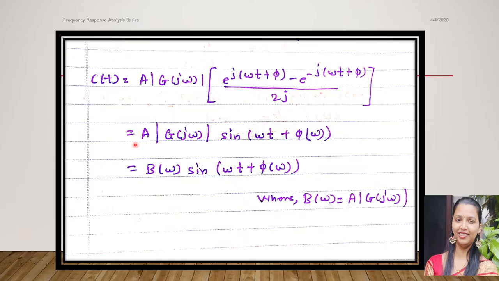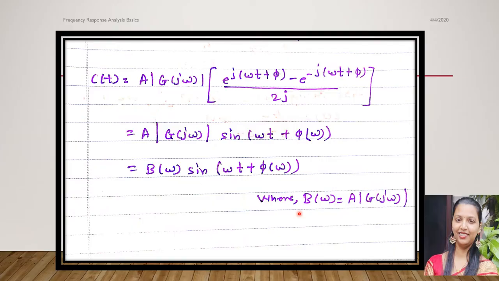equal to A magnitude G(j omega) into sin(omega t plus phi(omega)), equal to B(omega) into sin(omega t plus phi(omega)), where B(omega) equal to A magnitude G(j omega).